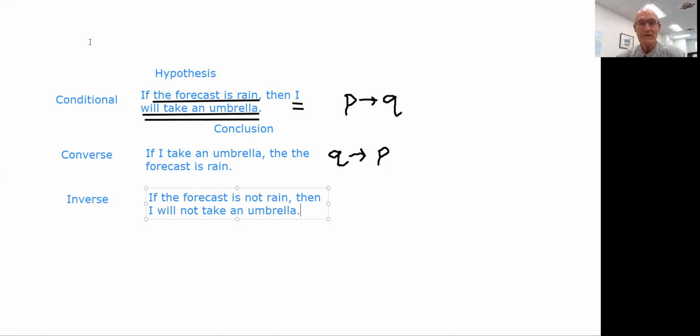In symbolic form, it says not P. Remember, the not symbol is this little curlicue here. So not P implies not Q.